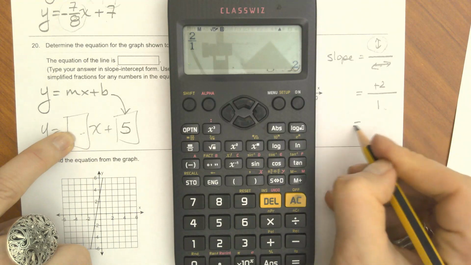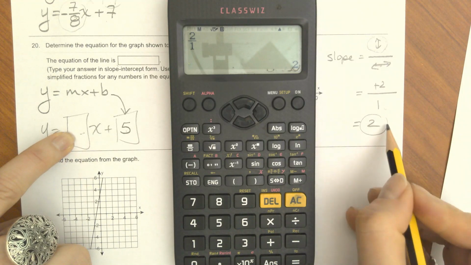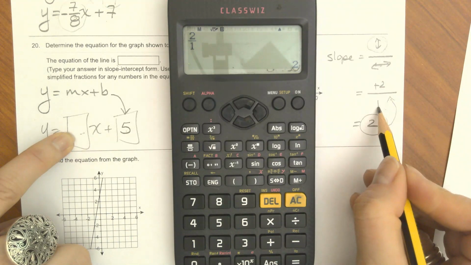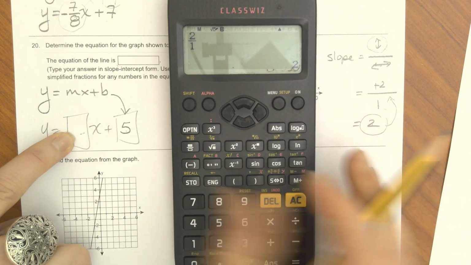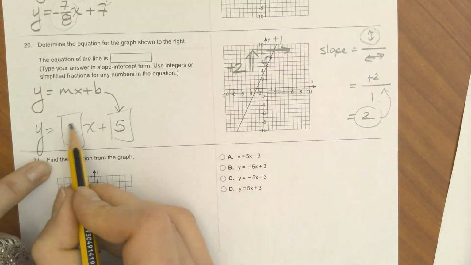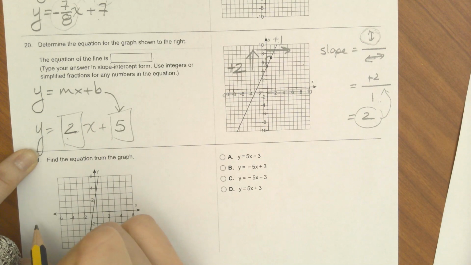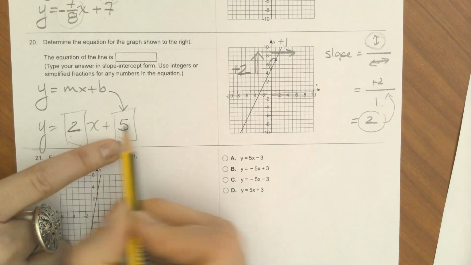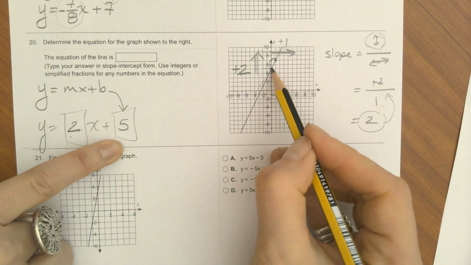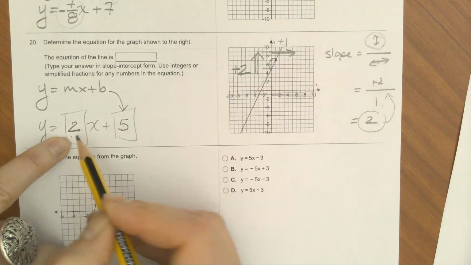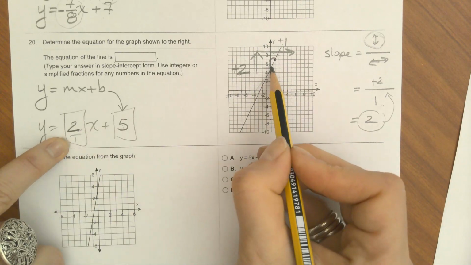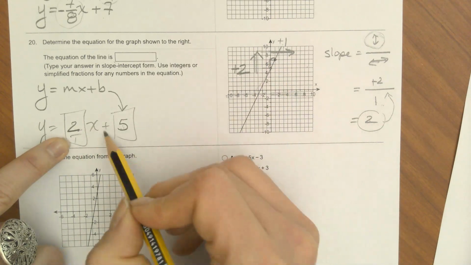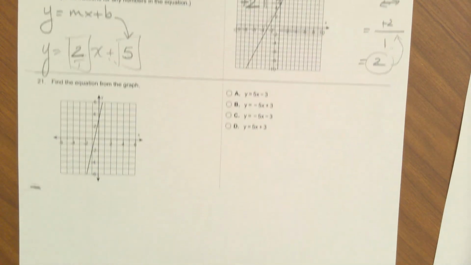Oh yeah, that's just 2, because if I have 2, I can make it a fraction by putting it over 1. So 2 over 1 is the same as 2. So my slope is 2. This says the line crosses at 5 and the slope is 2 over 1, so I go up 2 over 1. Okay, let's do the next one.